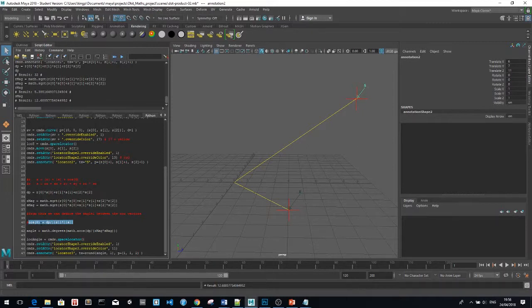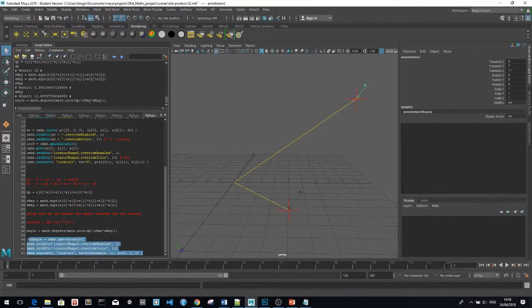It's the cos of beta is equal to the dot product divided by the magnitude of R multiplied by the magnitude of S. So if we look, that's what this is doing here, using the arc cos and passing the values we've got previously into it and converting it to degrees and saving it into this variable. So if we run this, we should get the angle. Actually, it equals, rounded to 1 decimal place, 62.1.